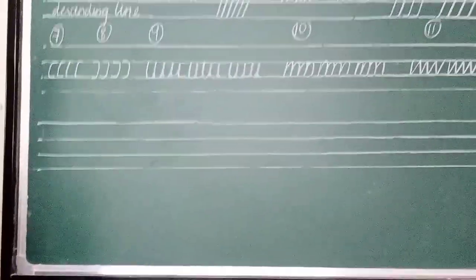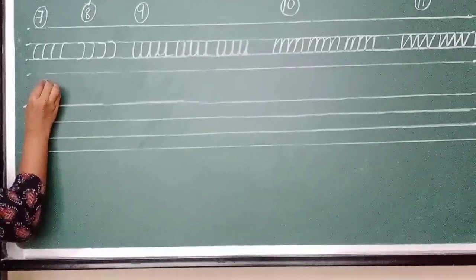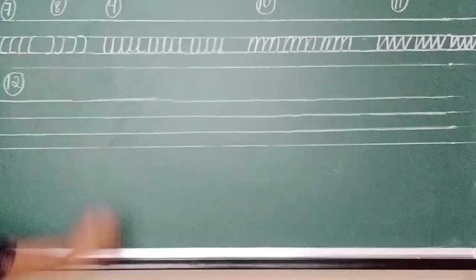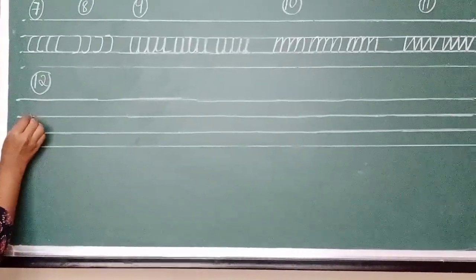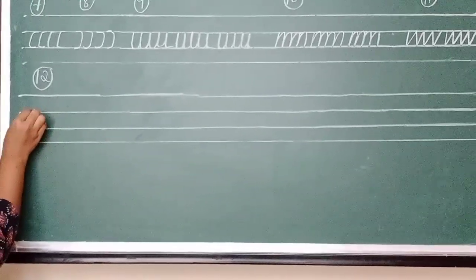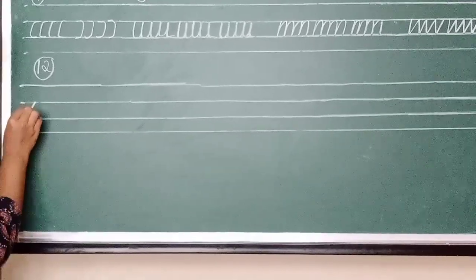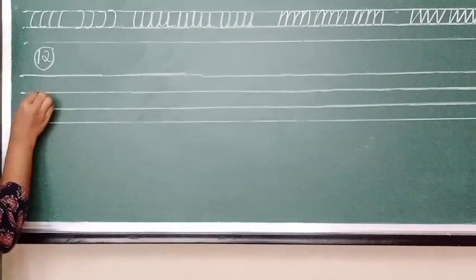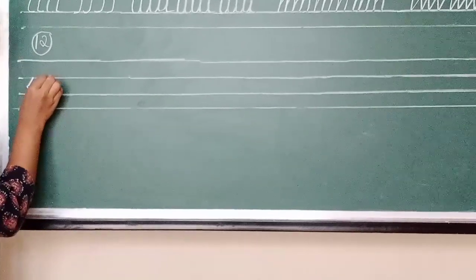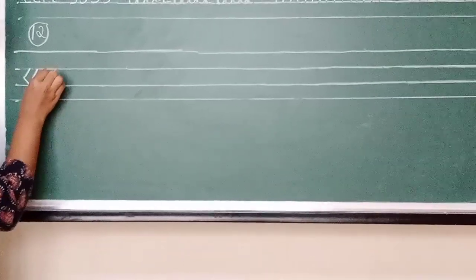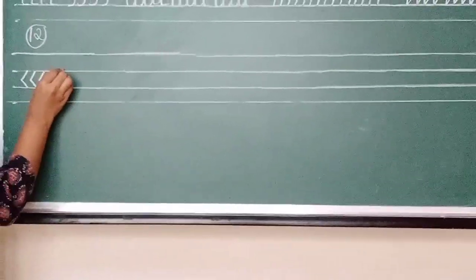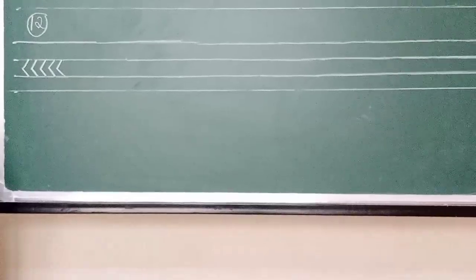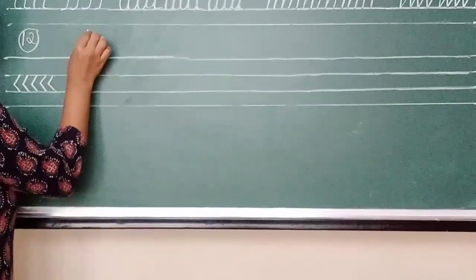Like this. We go to the next one, that is the twelfth. Don't call it an arrow. It is a stroke. From middle line to base line. Like this. Thirteenth.